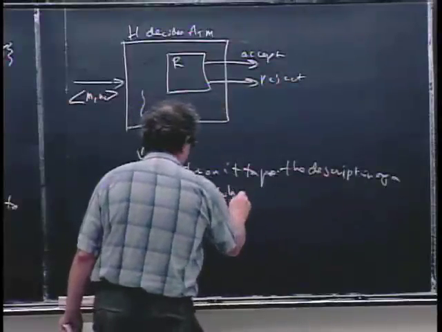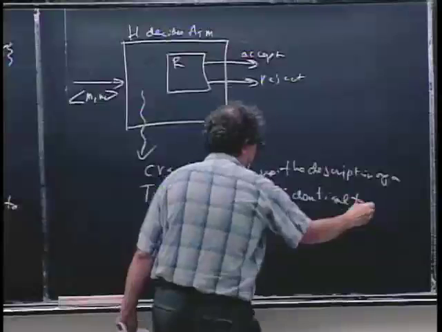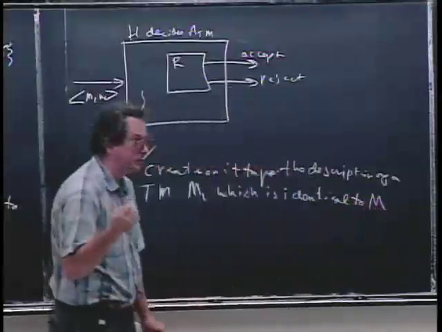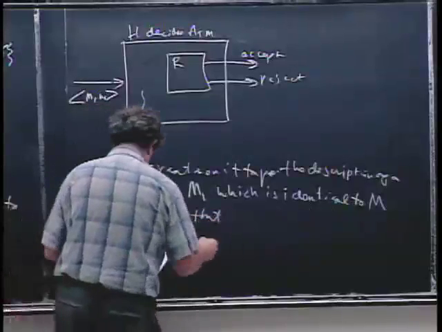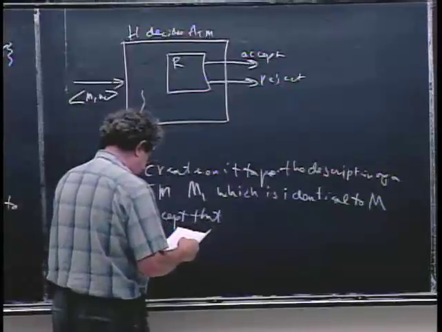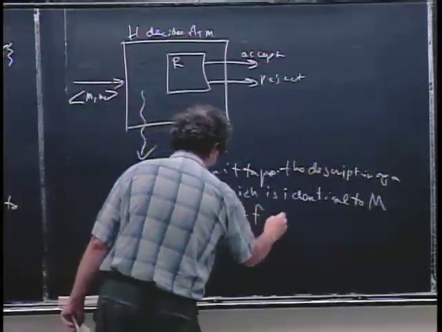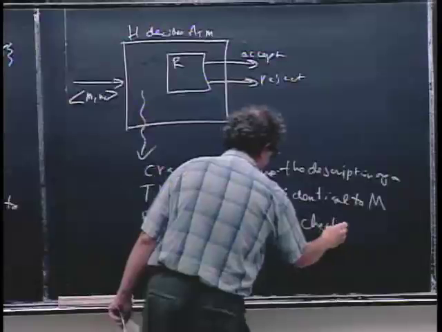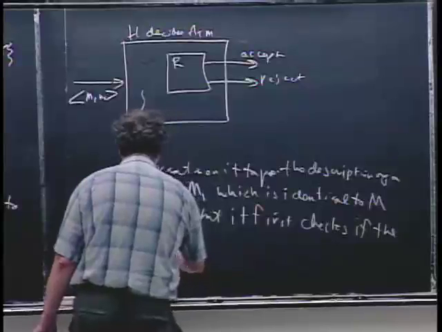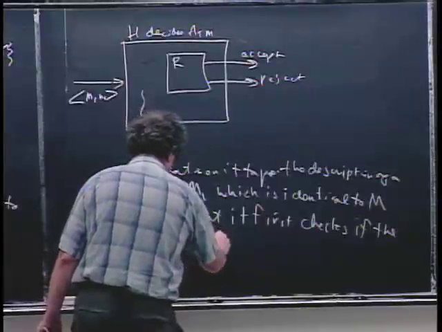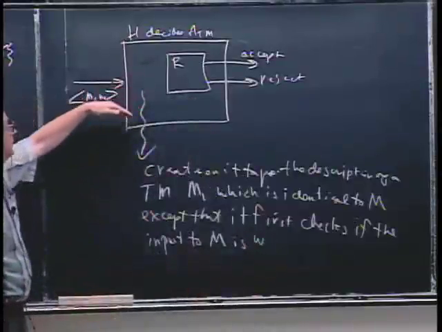A Turing machine which in fact is identical to M, except for one addition. The first thing it does, it first checks if the input to M is W. Remember the sequence of events here.